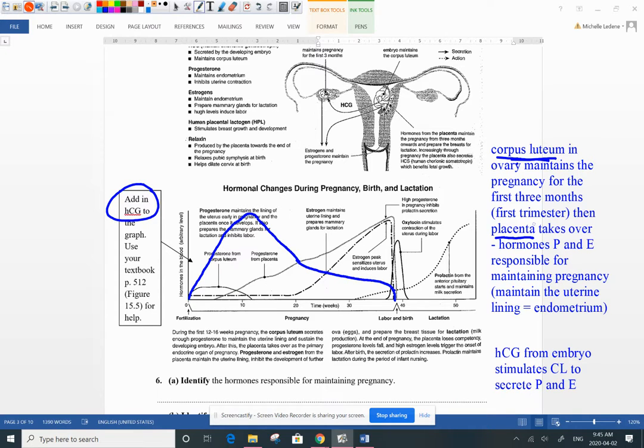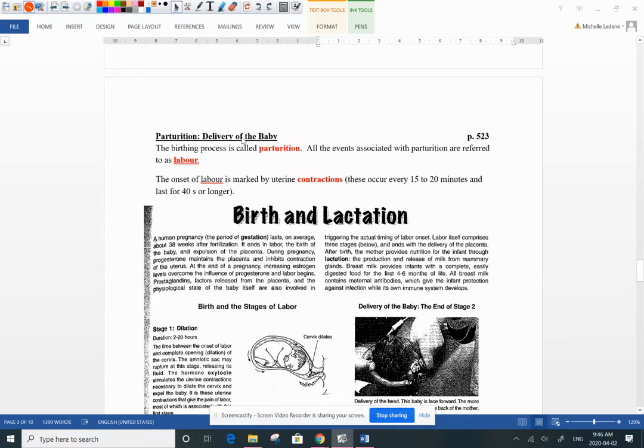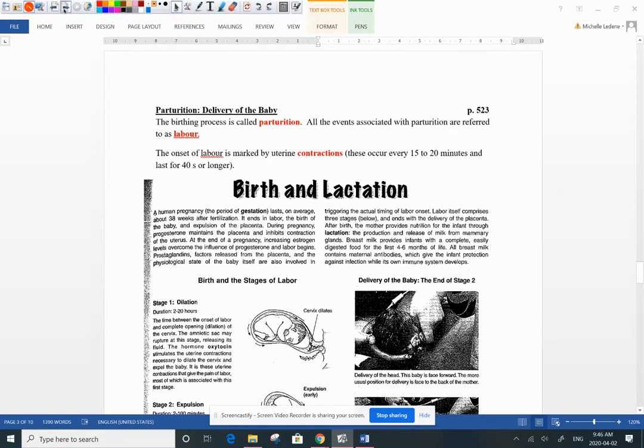However, if that happens in the 4th or the 5th or the 6th months, that's probably fine, because now it's the actual placenta that has taken over. It's no longer the corpus luteum in the ovary, and the pregnancy will continue just fine. Okay, so review the role of these hormones.